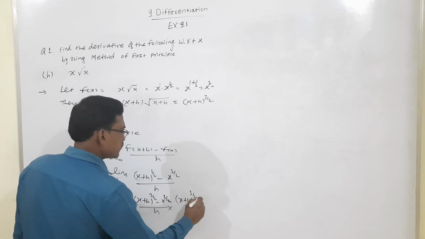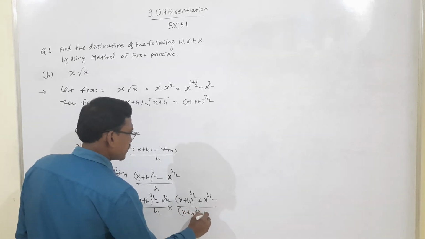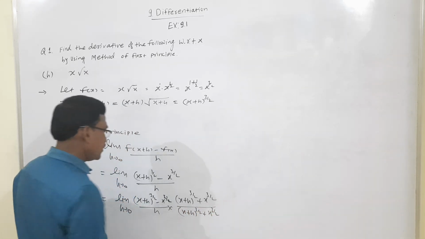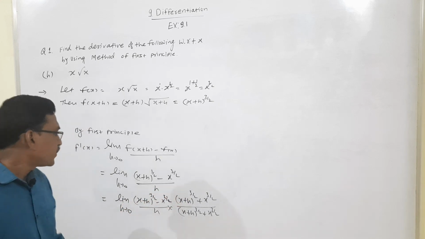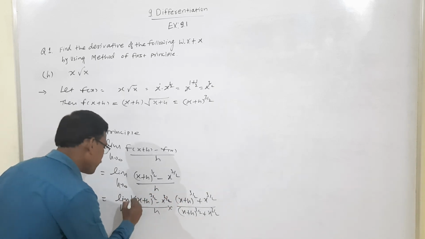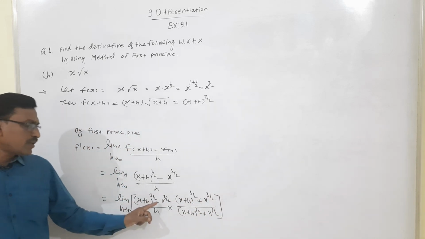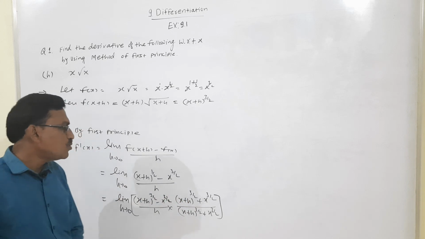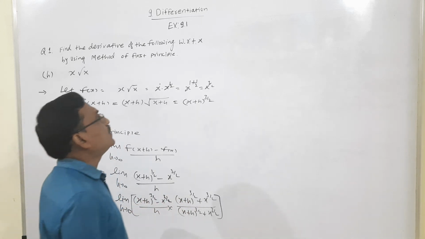Here it is minus, we take plus: divided by x plus h raised to power 3 by 2 plus x raised to power 3 by 2. Then we multiply numerator and denominator. When we multiply x plus h raised to power 3 by 2 into x plus h raised to 3 by 2, it gives only x plus h raised to power 3.